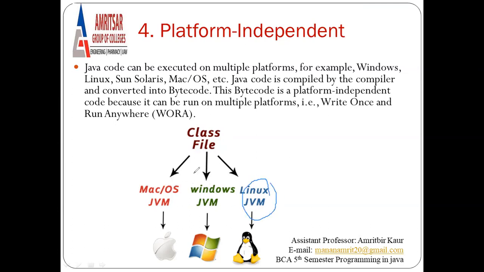If we want to execute it on Mac, then the Mac JVM will be invoked. So our program will be executed with the help of JVM, and we can execute our program on any operating system because of JVM.